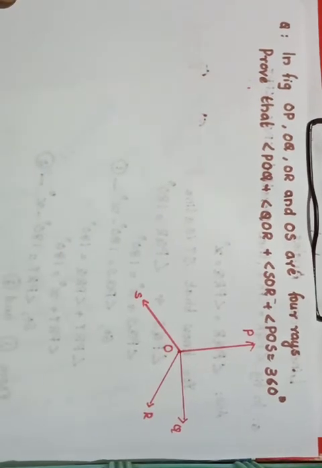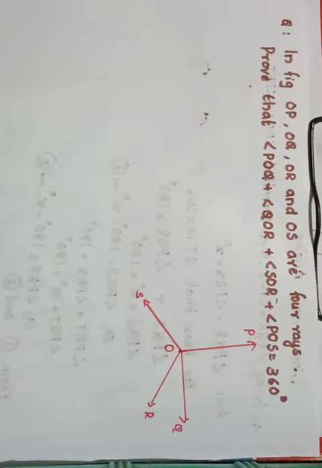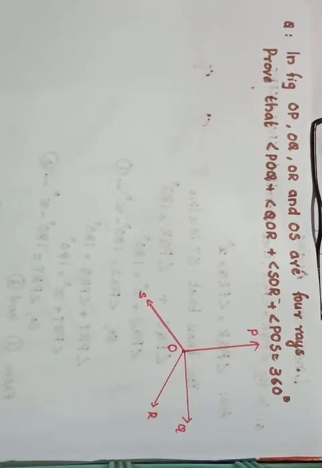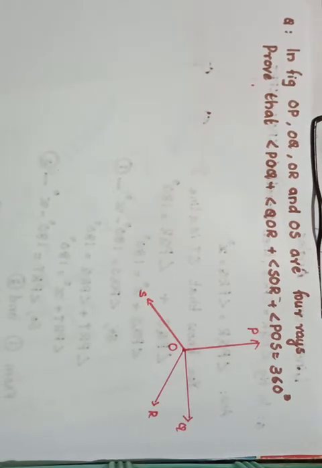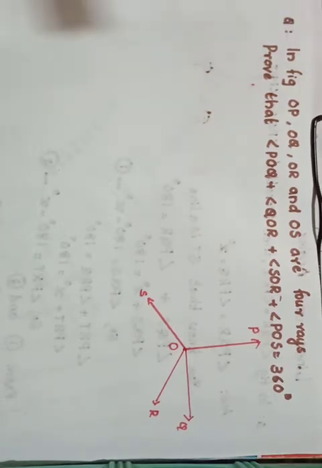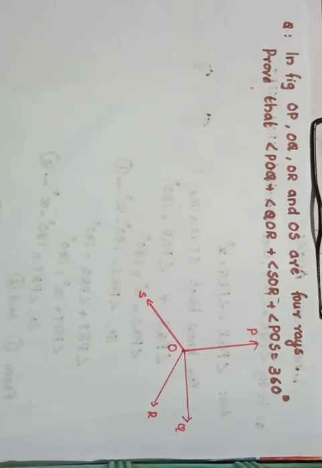We have a problem there. We cannot apply any of the theorems here, like linear pair or vertically opposite, none of them, because no line is there. So what we are doing is we are producing, or drawing a line, by extending any of the rays.